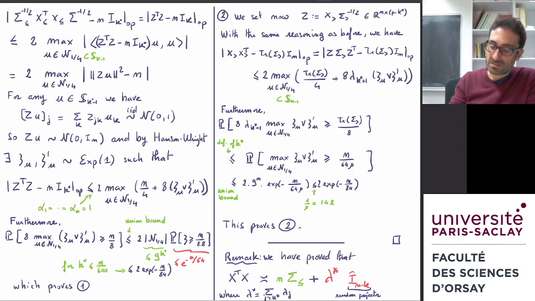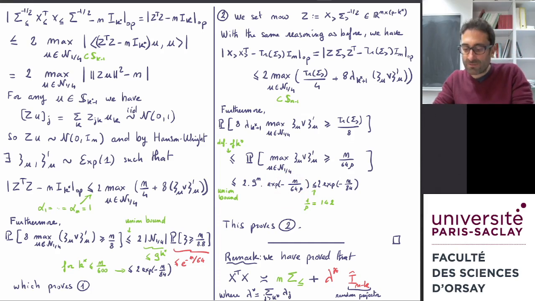And by just using a union bound as before, we'll have twice the cardinality of an epsilon net with delta 1/4. So in this case, the net is included in the sphere of dimension k, so I have the cardinality which is upper bounded by 9 to the n times the exponential of minus this quantity, so the exponential of minus n over 64 times rho. And by using the fact that 1 over rho is equal to 1 over 42, we end up with this upper bound for this probability.